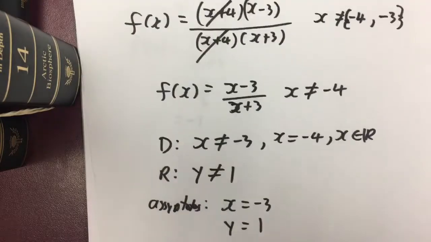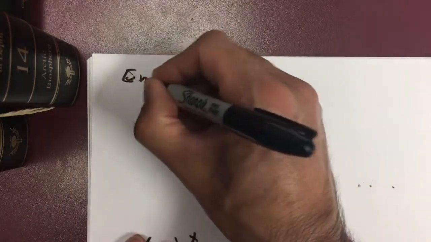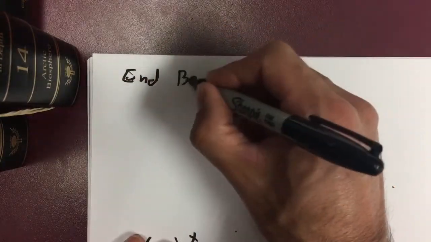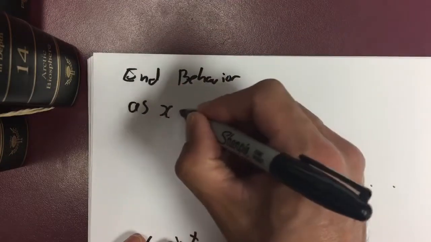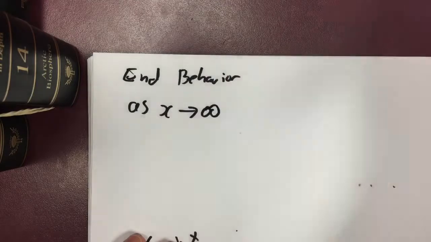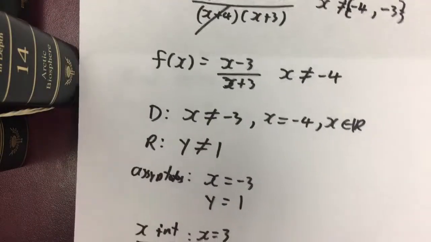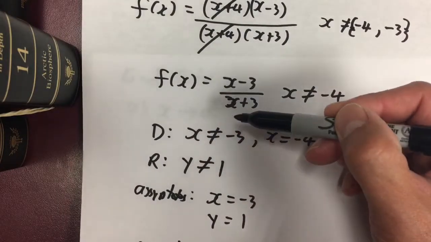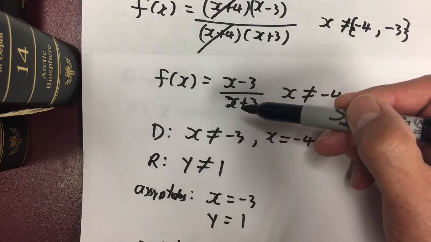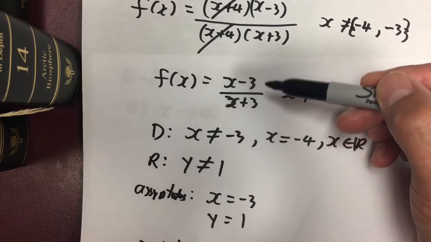And finally, our end behavior. As x approaches infinity, we can tell from looking at our graph and imagining plugging in large values, y approaches 1, but the numerator is always below the denominator.